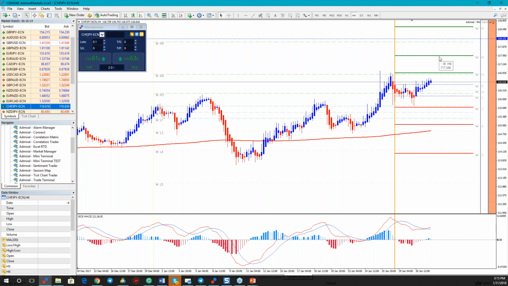If it hits weekly H4, there is a big chance that first it will retest this level. It's like 60 pips. And if it breaks it, then we have a long way down to probably a retest of this level, 150.80. So I want to see if it happens in the next few days.